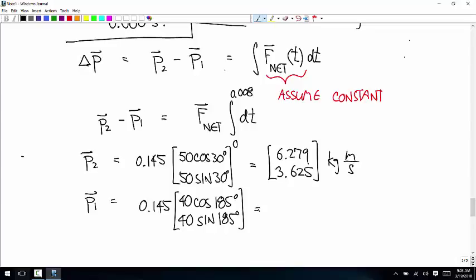And that gives negative 5.578, and then negative 0.506.